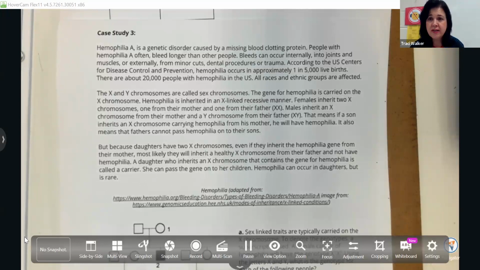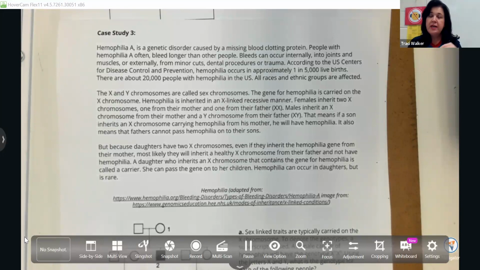But because daughters have 2 X chromosomes, even if they inherit hemophilia from their mother, most likely they will inherit a healthy X chromosome from their father and they won't have hemophilia. Since hemophilia is recessive, if you have at least one dominant gene, the dominant gene covers that up and you don't have hemophilia, even if you have the one recessive gene.